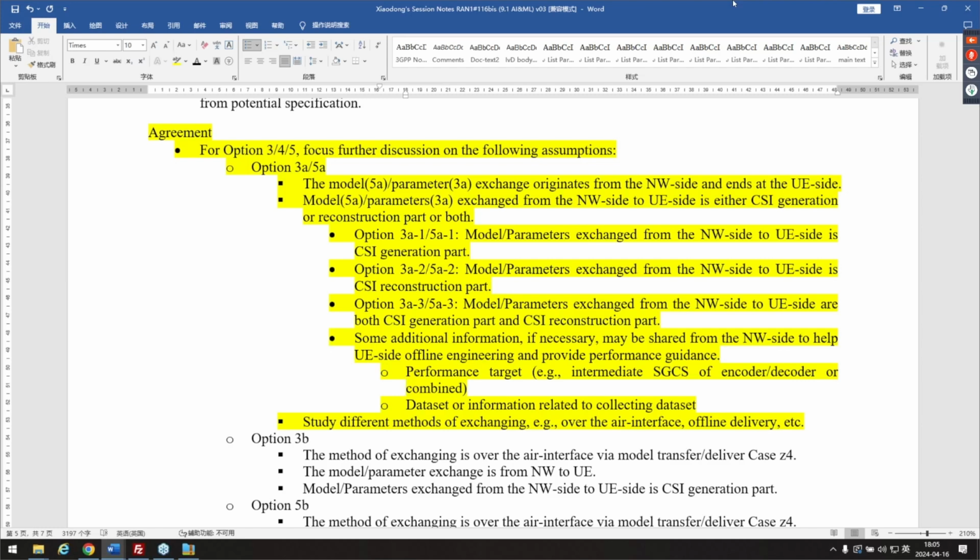I think we don't need a decoder. Encoder or end-to-end, that's enough. We don't need decoder only, because the UE side doesn't train the decoder. You only train the encoder.